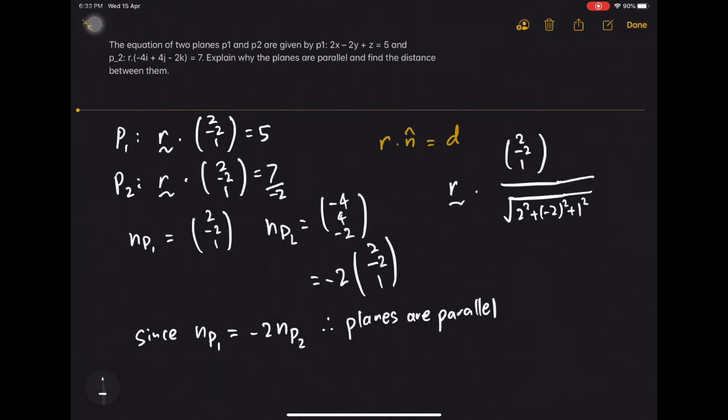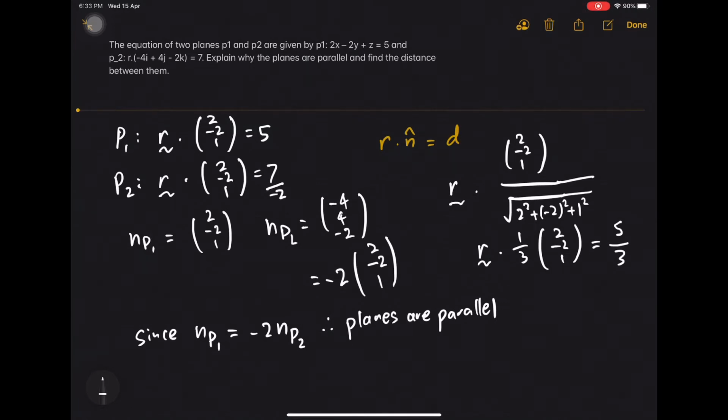Once I press this in the calculator, I will get 1 over 3 times (2, -2, 1). To make this true, we need to multiply both sides by 1 over 3, and that will get me 5 over 3 for plane 1.